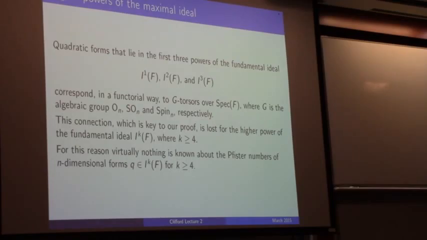And so e0 is dimension mod 2, e1 is the discriminant, and e2 is the Hasse-Witt invariant. And the kernel is exactly I3.